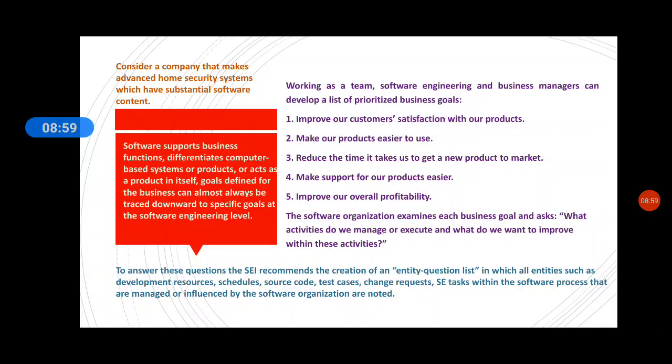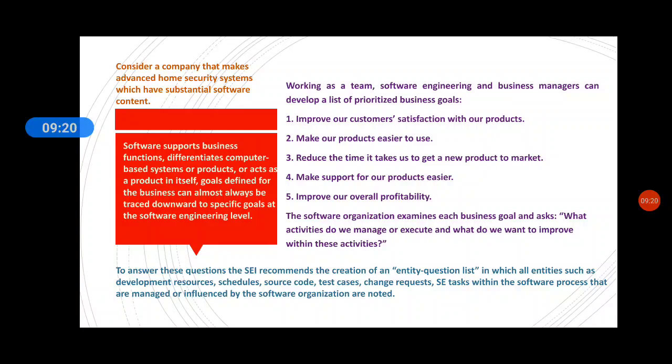The goals defined for the business can almost always be traced downward to specific goals at the software engineering level. Working as a team, the software engineers as well as the business managers can develop a list of prioritized business goals.